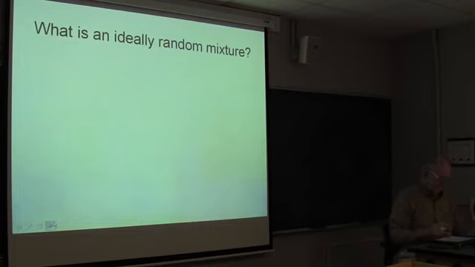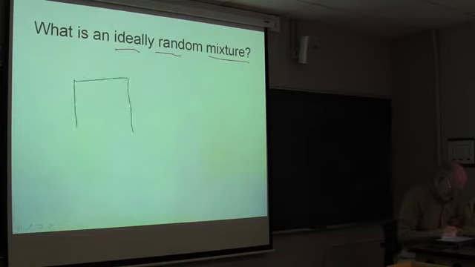Okay, so what do I mean by an ideally random mixture? Okay, so there's molecule type 1. And suppose I form a mixture of molecule type 1 with molecule type 2.